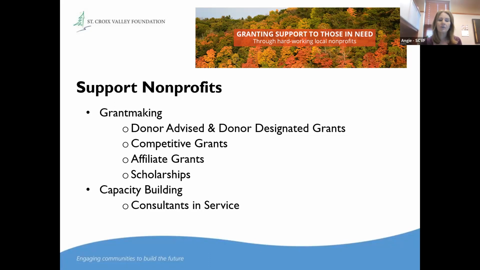Right now, we offer a program called Consultants in Service, CIS for short, for small and emerging nonprofits in the Valley. And that's where we match volunteer consultants. We have about 13 of them currently. They donate their time and expertise on a variety of topics, and we match those consultants with area nonprofit need through a very straightforward application process. So that's the CIS program.